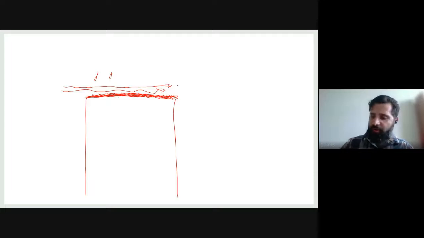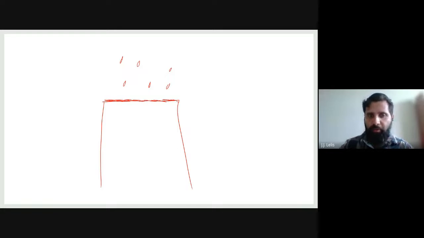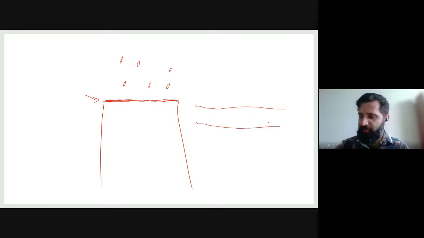And when it starts to rain again, let me just make this thin layer of clay. When it starts to rain again, the water drops can also break this thin layer of clay and produce something like this.